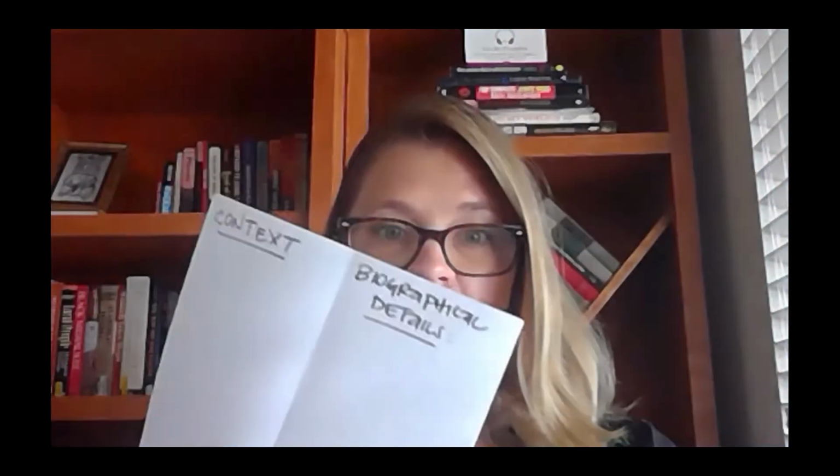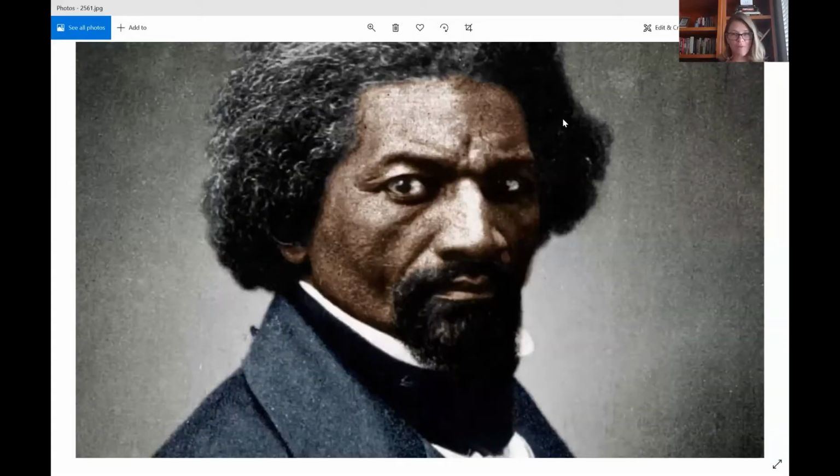So I'm going to tell you a story that's already been written, but this actually can help you with both writing your own questions for interviews, or if your interview's done and you want to write a story about your own narrator. So these are the two ways that you can use this activity. Taking your piece of paper with one side saying context and one side saying biographical detail, I want you to follow along with the story about Frederick Douglass.